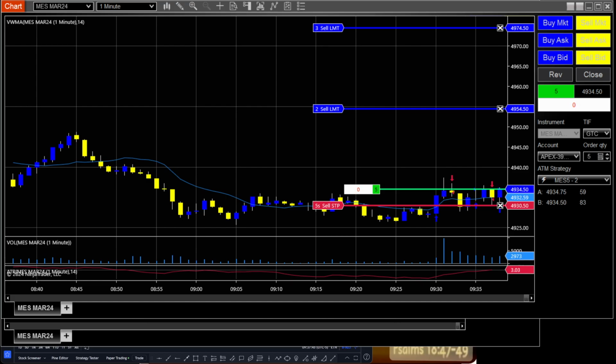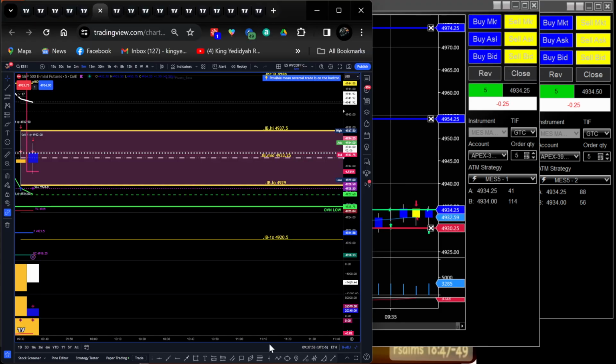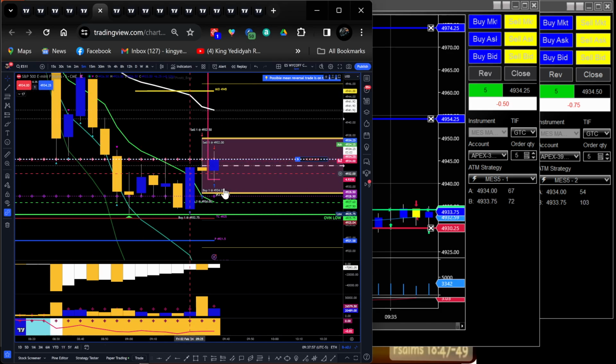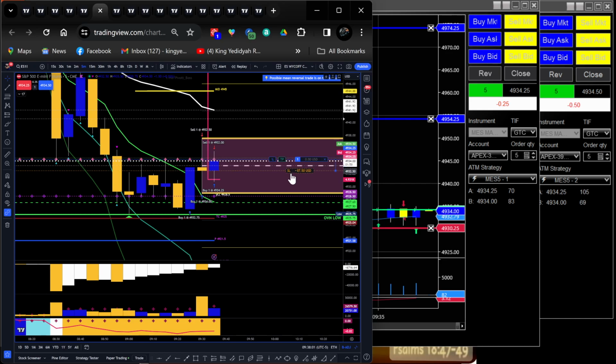So we're pushing up on VWAP again. Let's see if they could push out of this level now.